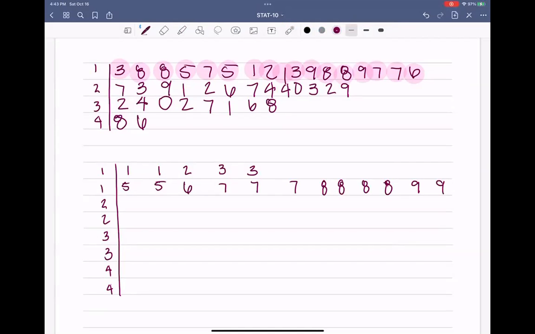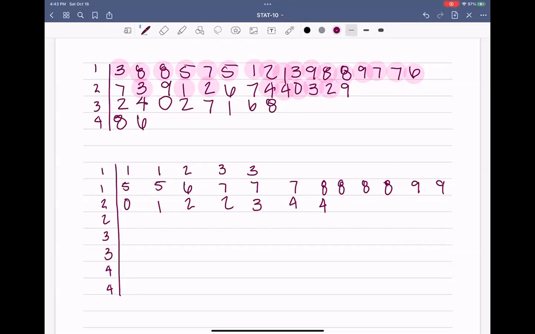Then with 2s, we could do the same thing, starting off with 0. Do we have any zeros? We have 1 0. 1s, we have 1, 1 1. 2s, we have 1, 2 2s. 3s, we have 1, 2 3s. 4s, we have 1, 2 4s.